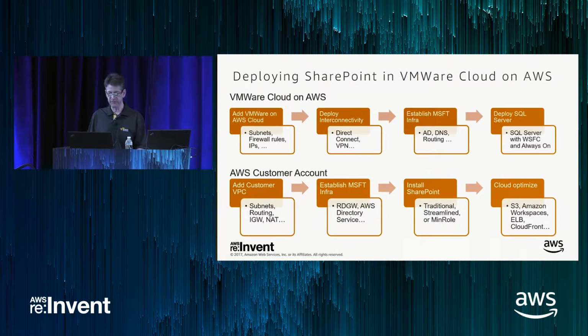You lay down the subnets, you lay down the routing, you set up the internet gateway, you set up either your own NAT instances or use our NAT service, the basic plumbing on the left. Then we'll add Microsoft technology to the AWS side, Remote Desktop Gateway, and AWS Directory Service as a way to project AD from VMware Cloud. I'll talk about this more, how AWS Directory Service provides AD.